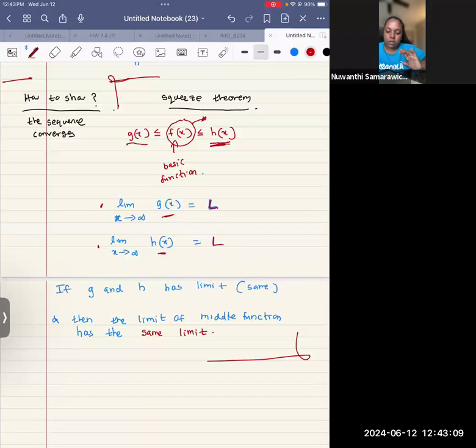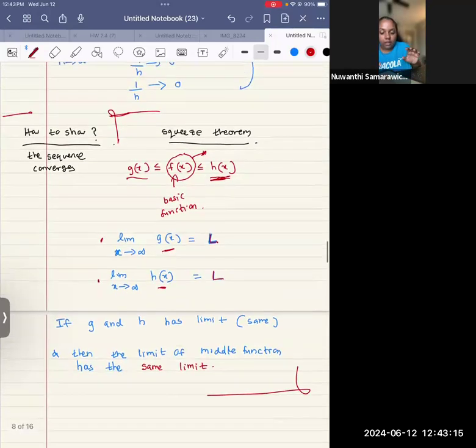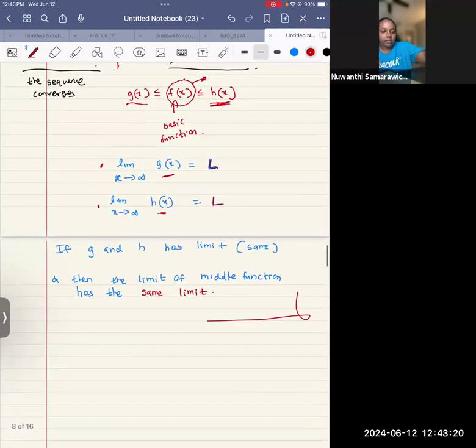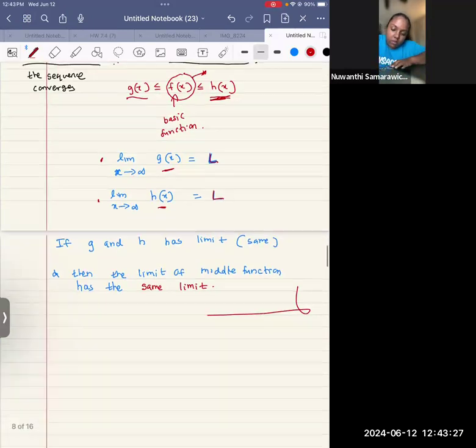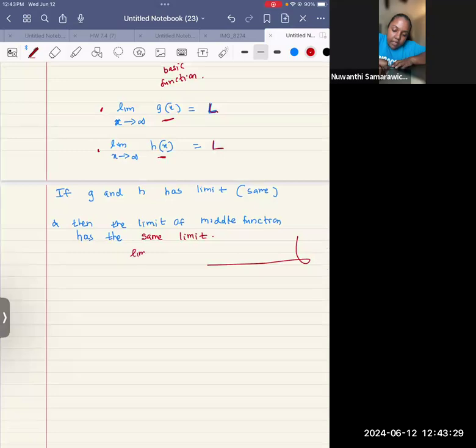That's the squeeze theorem. You can apply it in problems, so we can use it in this question too. Now let's apply it.